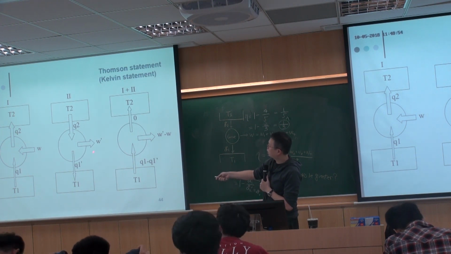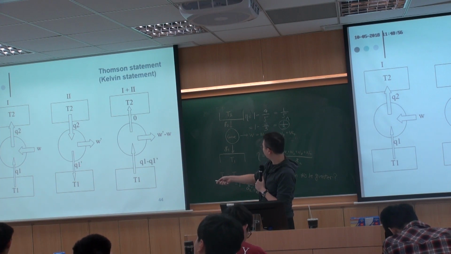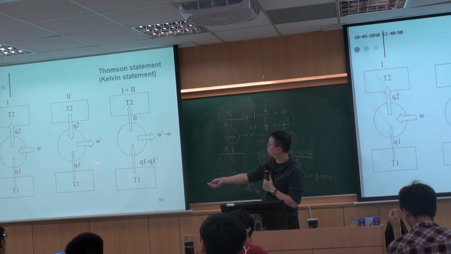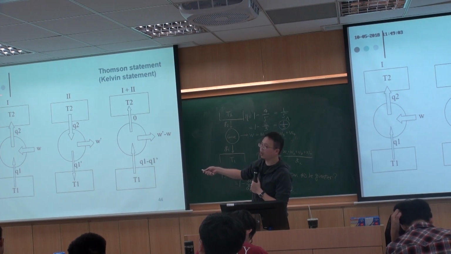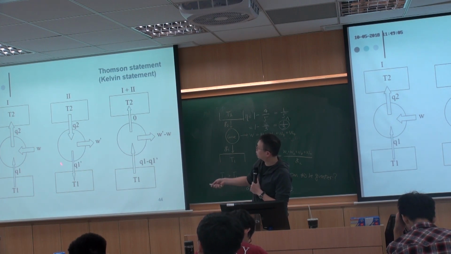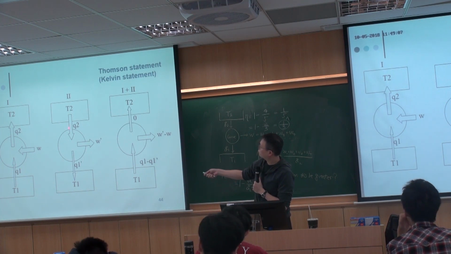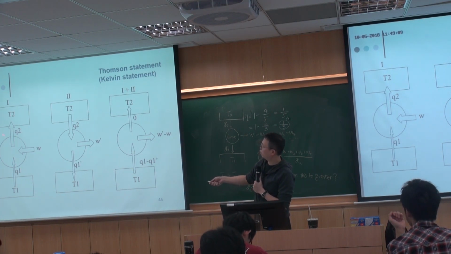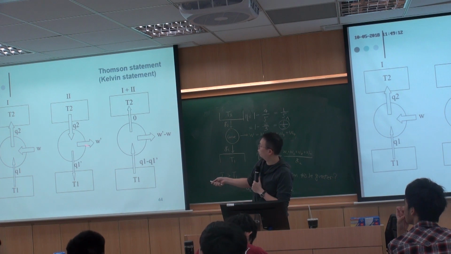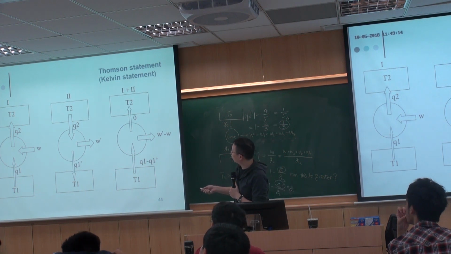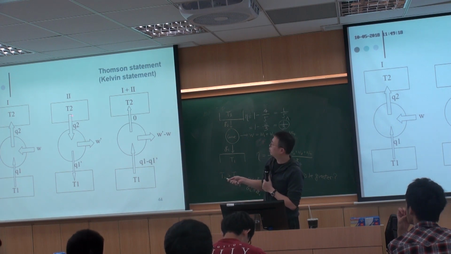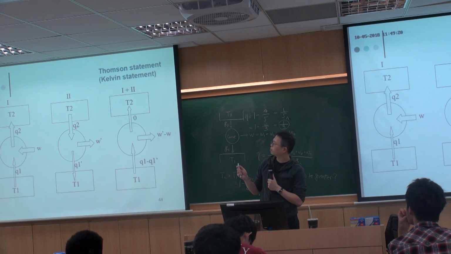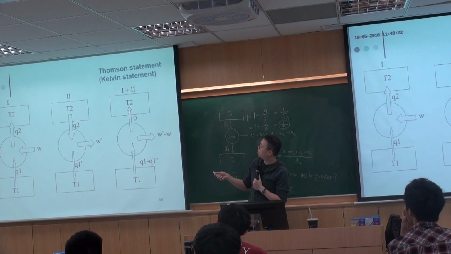But for the second one, we know that Q1 prime is less than Q1, and W prime is greater than W. So if we put this imaginary engine together with the original Carnot engine, then we'll end up with something like this. Since Q2 are the same, these two will cancel out. And you end up with no heat being transferred to T2.